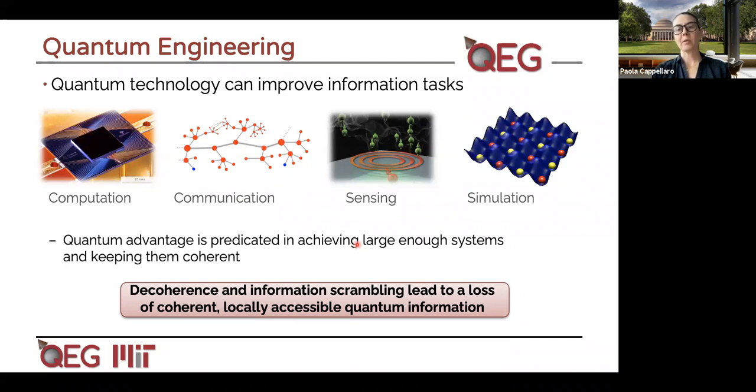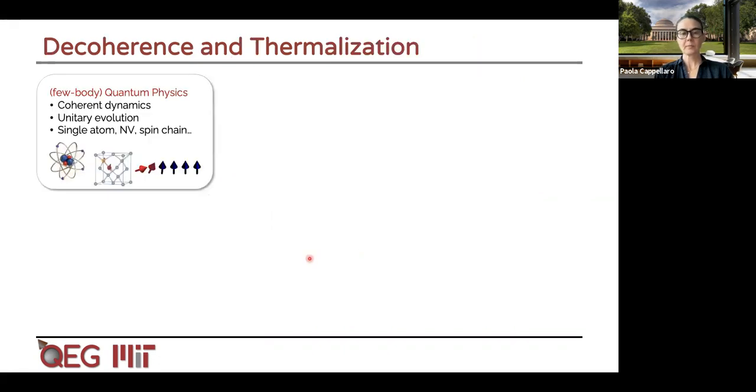And so we want to be able to move from a small quantum system to a much larger quantum system, and study how we can preserve their fundamental quantumness, if you want, and study what is potentially preventing this.